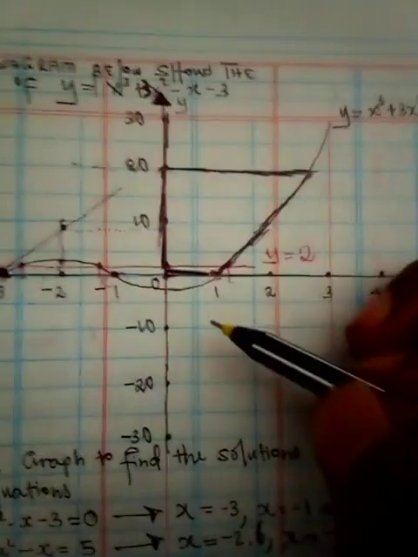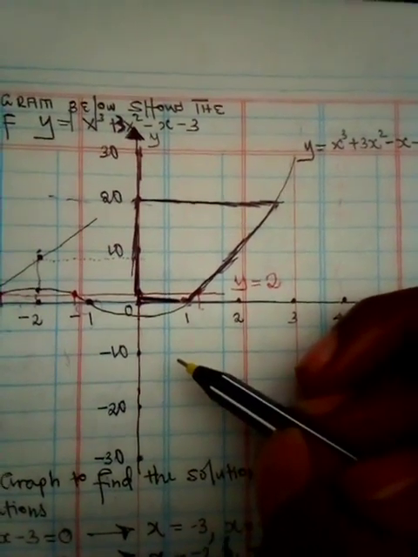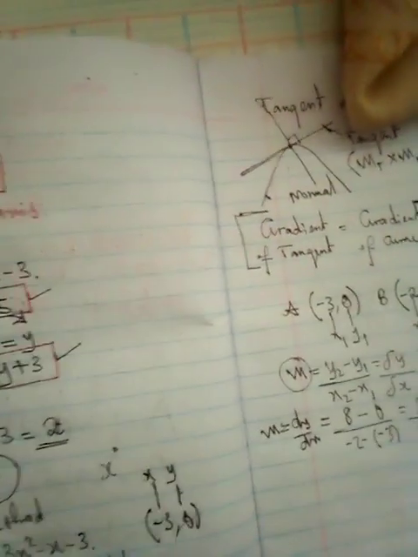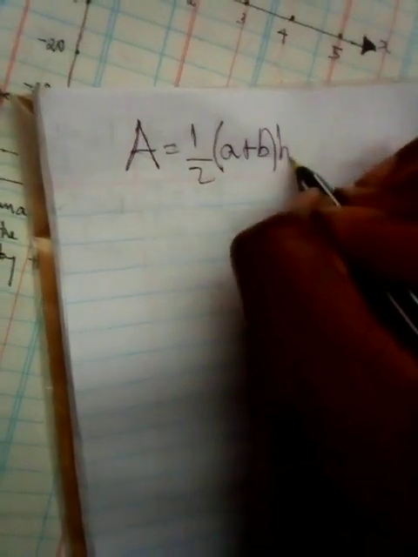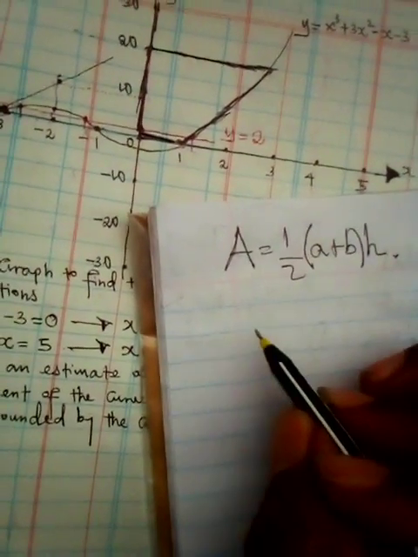Having seen that it looks more like a trapezium, we can apply the trapezium formula, which I had given you in the previous video. A is equal to half (A plus B) H. Let me outline it.